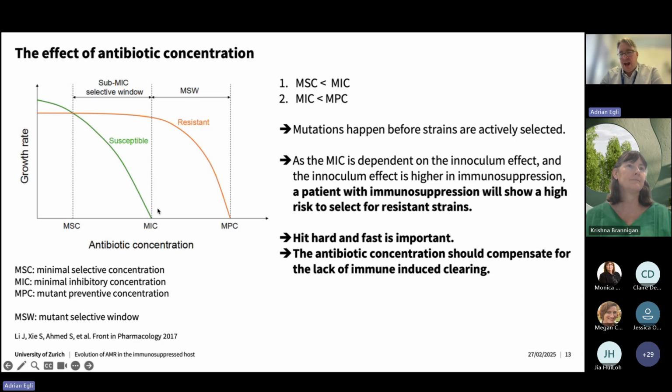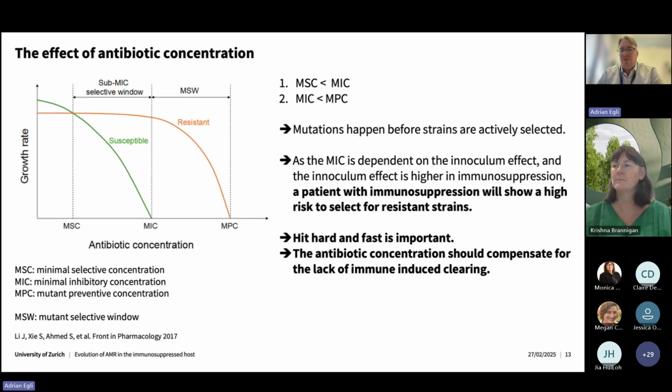And if you go very high with your drug concentrations, you will eventually reach the MPC, which is the mutant preventive concentration. At that time, you also reduce the growth of resistant subpopulations, and then there's basically no longer growth.